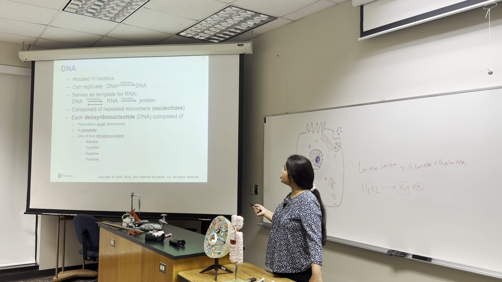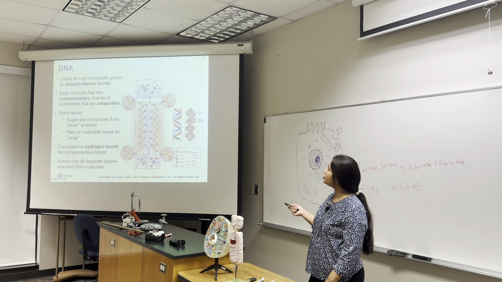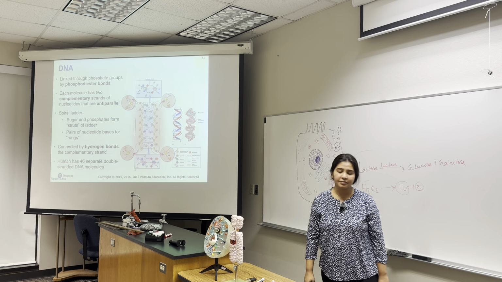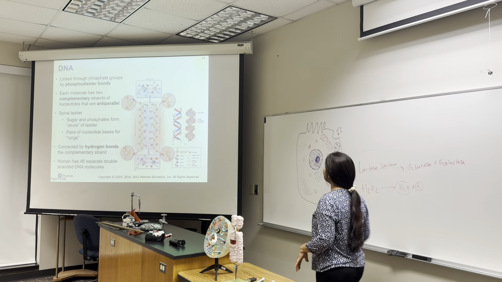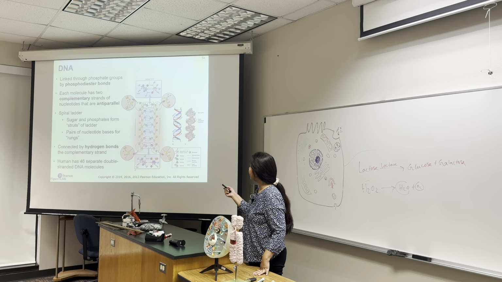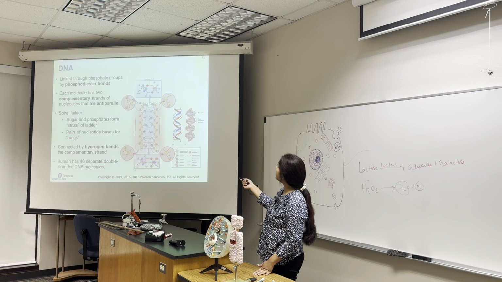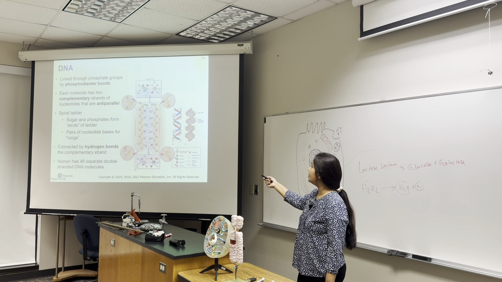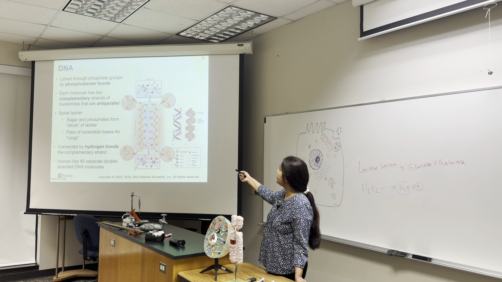So now let's talk about the DNA. If I start, I can talk about it forever, but let's see how much I can simplify. If you look at the structure of the DNA, you have 2 strands. Remember I told you the monomer of DNA is called the nucleotide. In the nucleotide, you have a sugar molecule, a phosphate molecule, and a base.